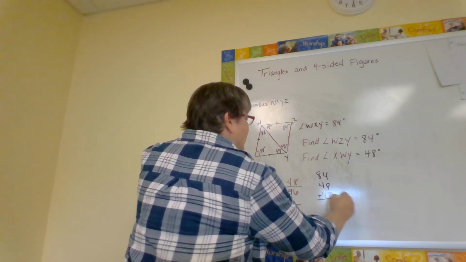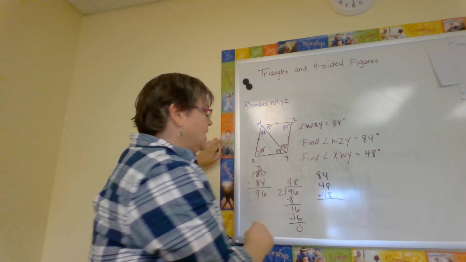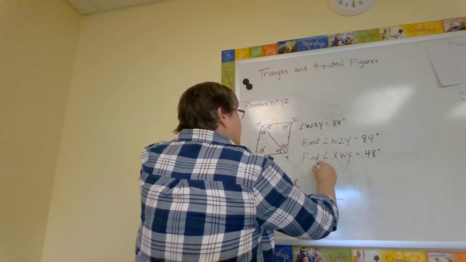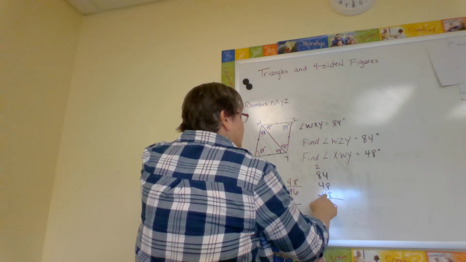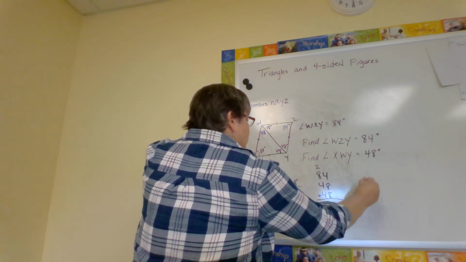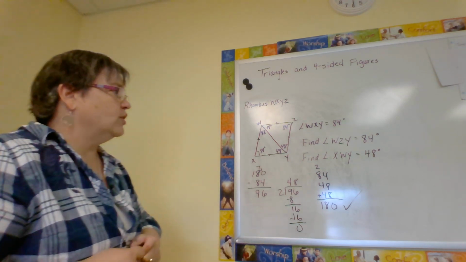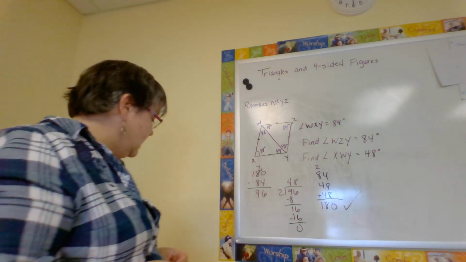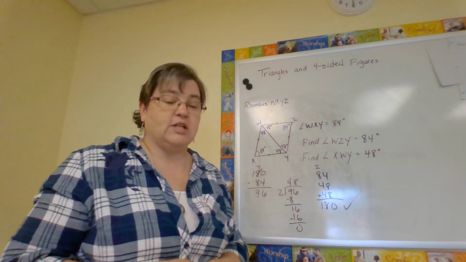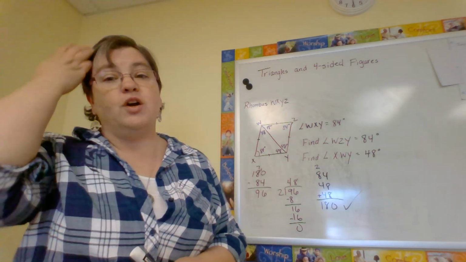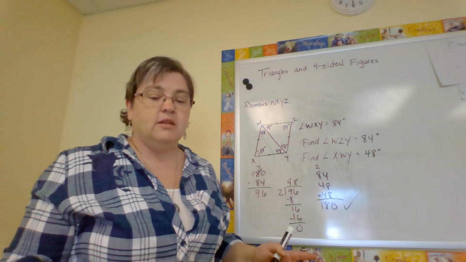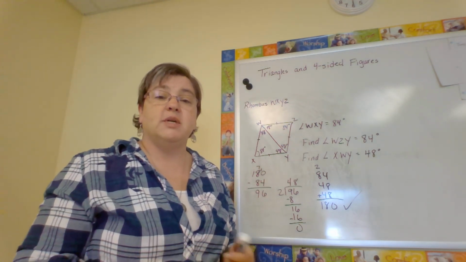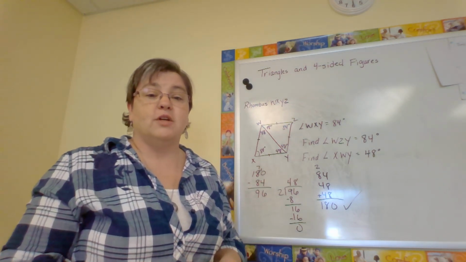And of course, we're trying to get what? 180. 8 and 8 is 16, plus 4 is 20. 8 and 2 is 10, 14, 15, 16, 17, 18. Check. So you are ready to do workbook exercise 24 on your own. Use your notes so that you have everything that you need to figure out the missing unknown angles. Good luck.